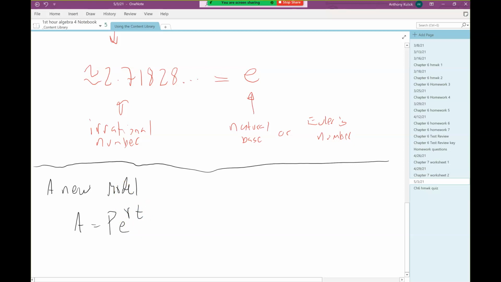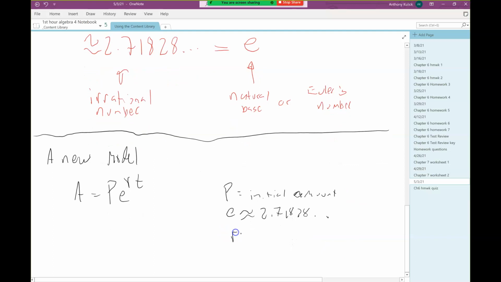So we can say A equals P e to the rt, where again, P is that initial amount, e is that number that we just talked about, r is your rate of change as a decimal, and t is our time unit.